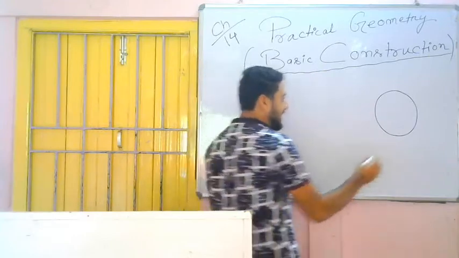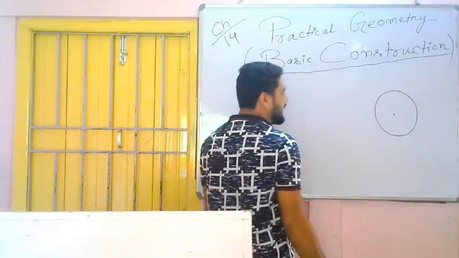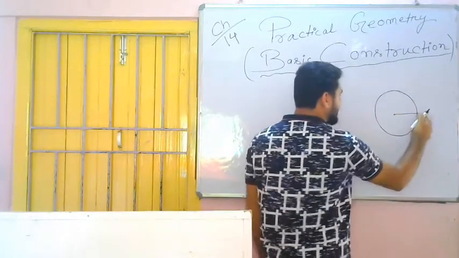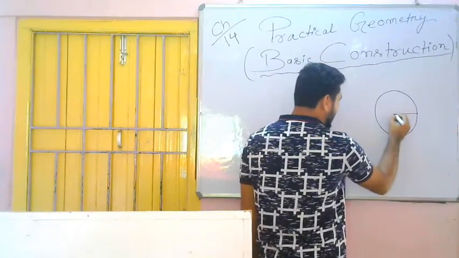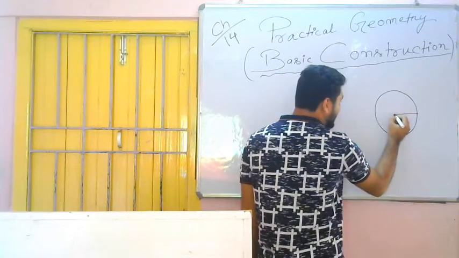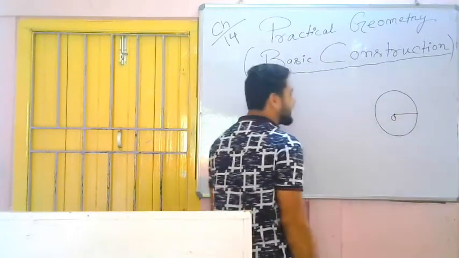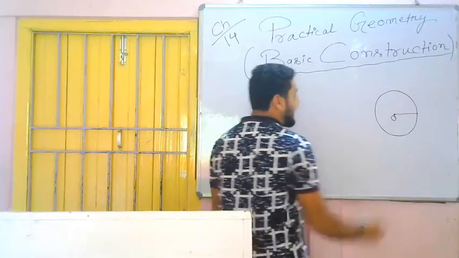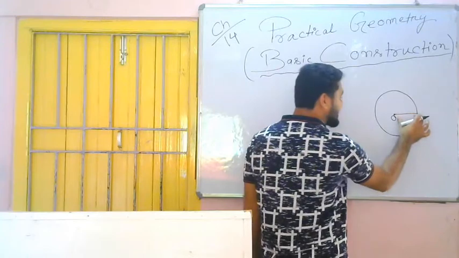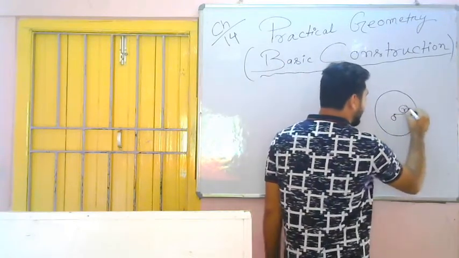Then here will be the point, and this will be the radius. Suppose this is the center of the circle, and we mark it as O. The distance between the center and the circumference of the circle is called the radius.